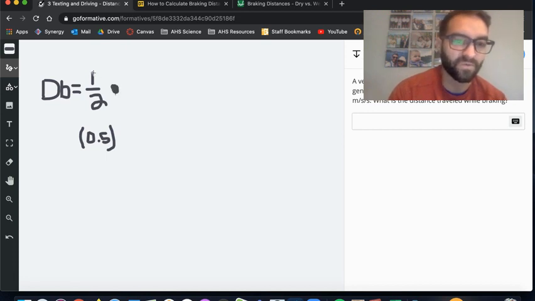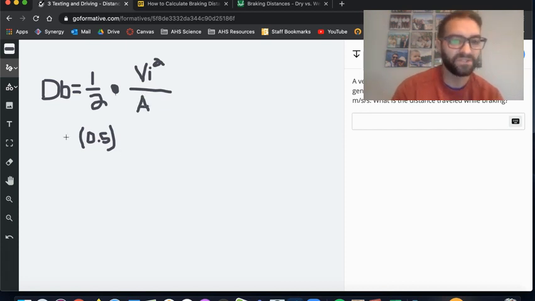So 1/2 times our VI squared, divided by the rate of deceleration or acceleration. If I rewrite this with the numbers in there, our distance traveled while braking equals 0.5 times, and then we had 25 meters per second.